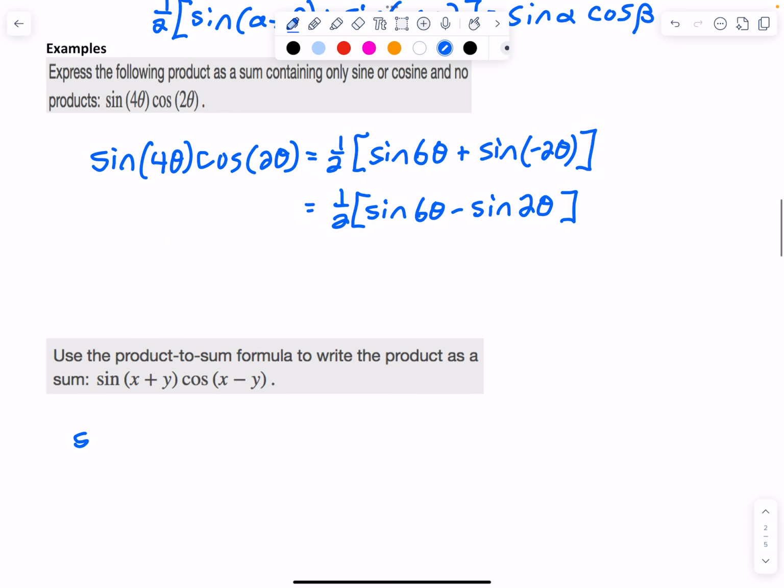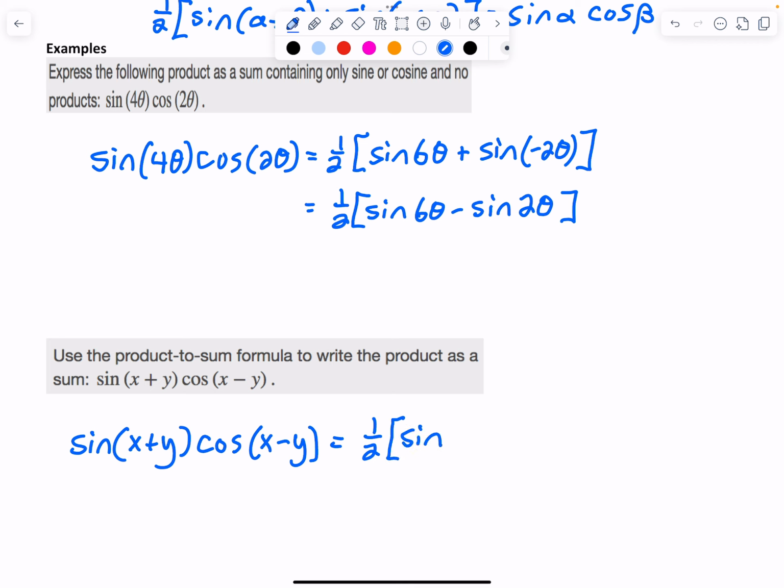All right, we got one more here. These are pretty straightforward as long as you know the formulas. So sine of x plus y cosine of x minus y. And I'm just going to follow the formula. Okay, I get 1/2 times sine, and I add them. So if I add x plus y plus x minus y, I get 2x.